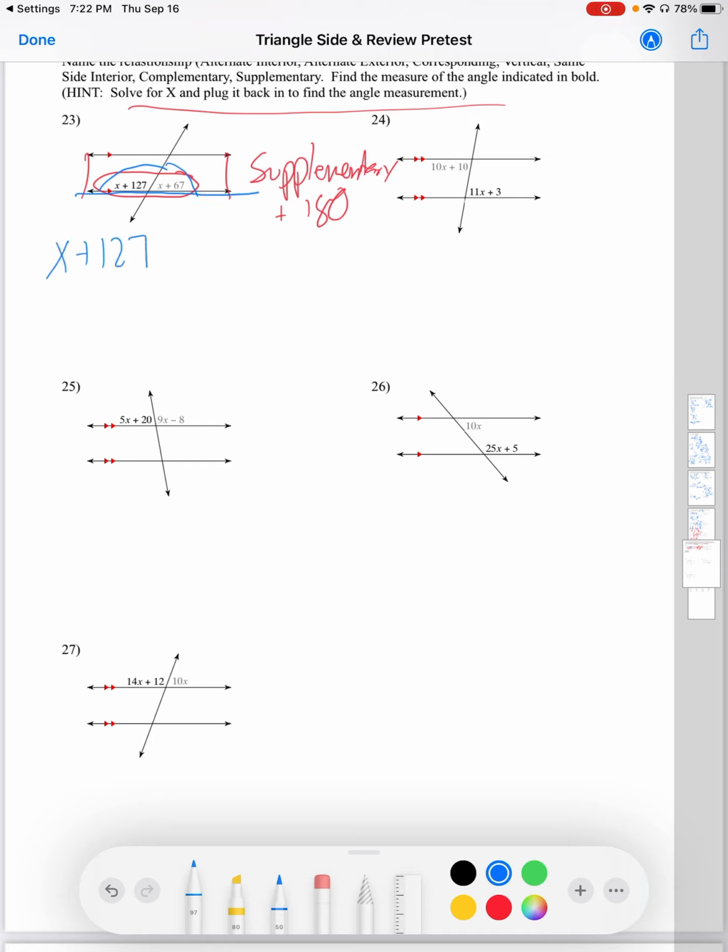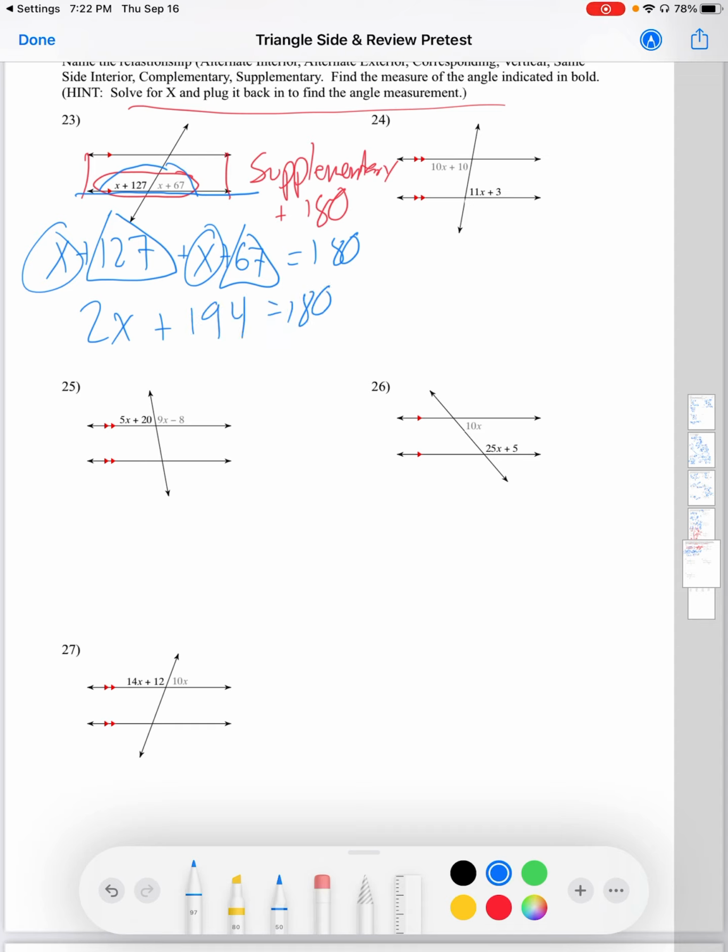X plus 127 plus x plus 67 equals 180. Combine like terms. X plus x is 2x. Combine those numbers, 127 and 67. We're going to get 194. Opposites, subtract 194. 2x equals negative 14. Divide by 2. X is negative 7.